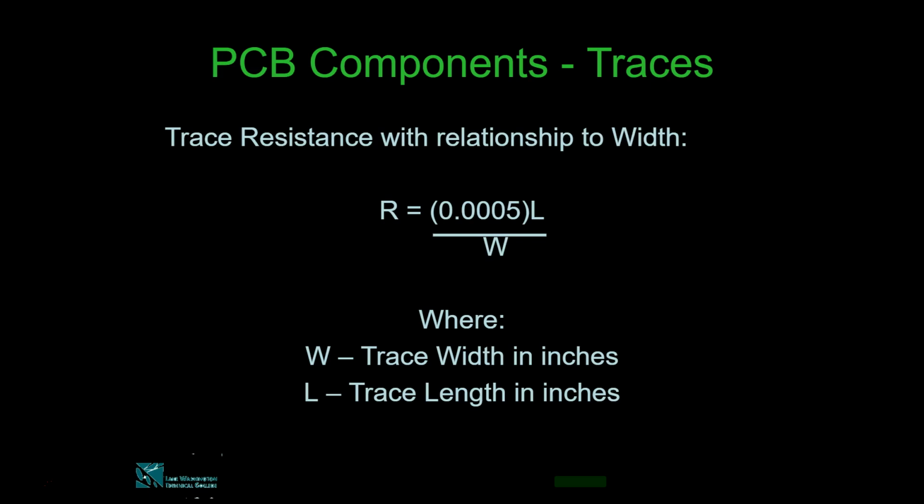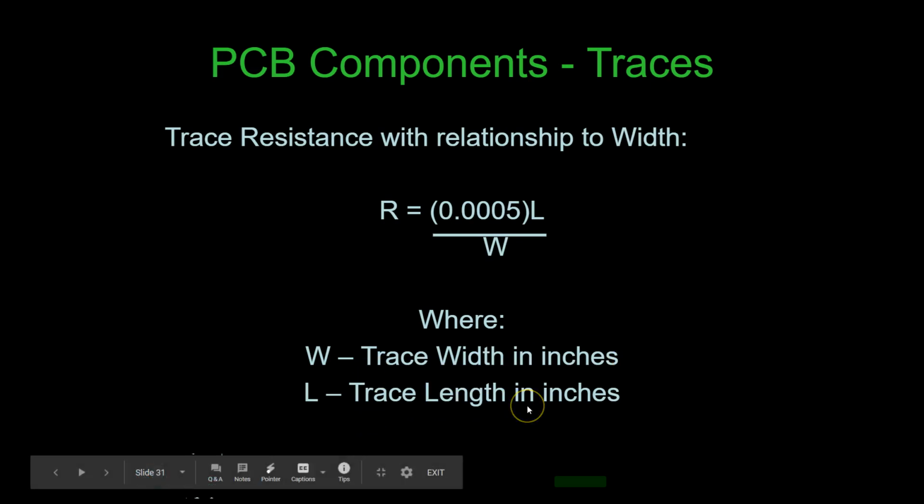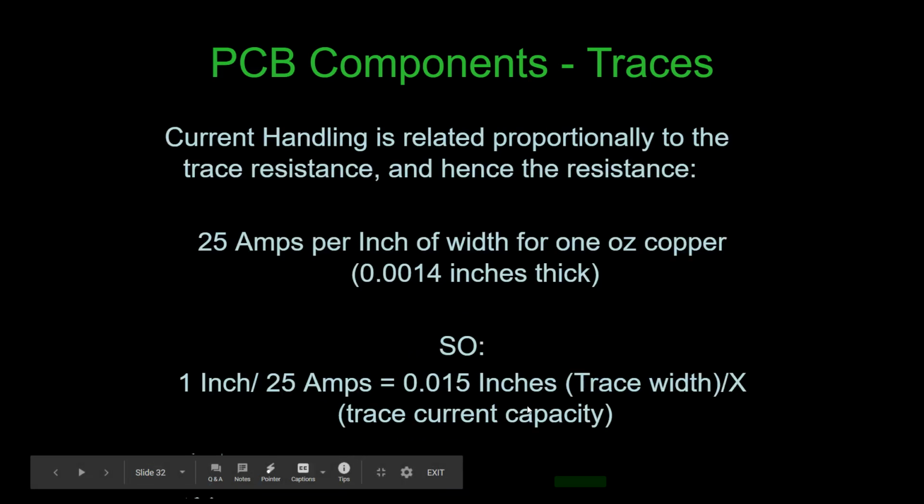Resistance is generally ignored as most designs do not carry more than several milliamperes of current, and the result can often be negligible. However, if you have to calculate the trace resistance, then you can calculate it by this formula, where W stands for trace width in inches and L stands for trace length in inches.